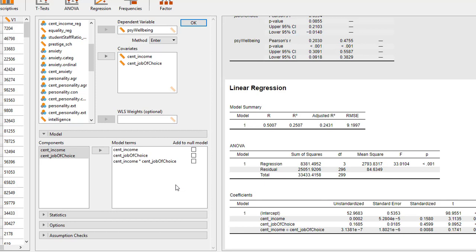And in fact, what happens is that in the background, a new variable is created by multiplying the values of center income and center job of choice. And that variable is added into the model, and the regression coefficient of that variable, of how much it affects the dependent variable, is what we get here.